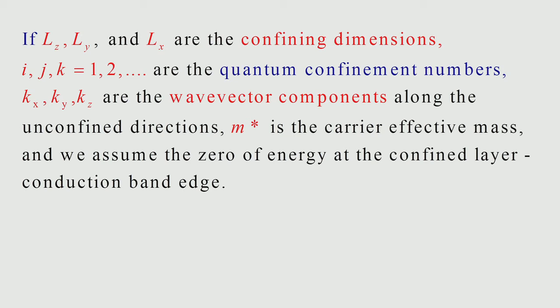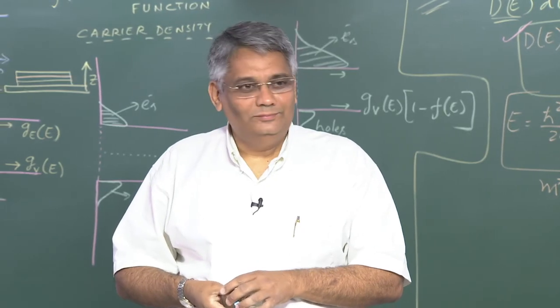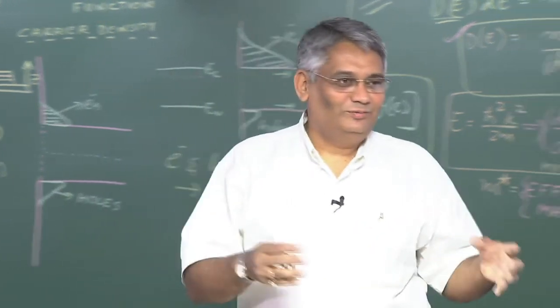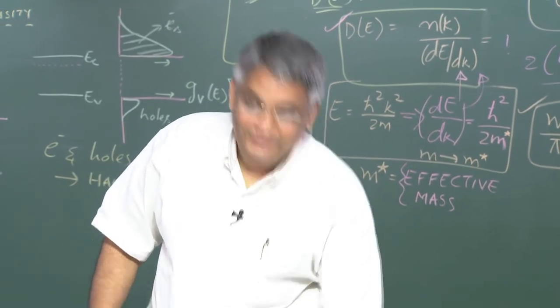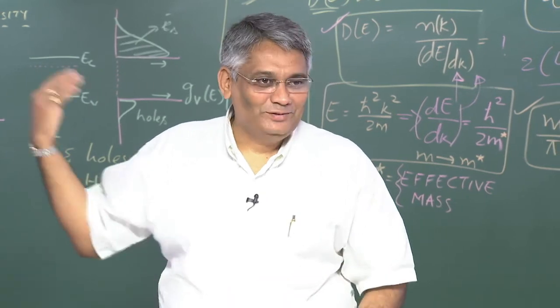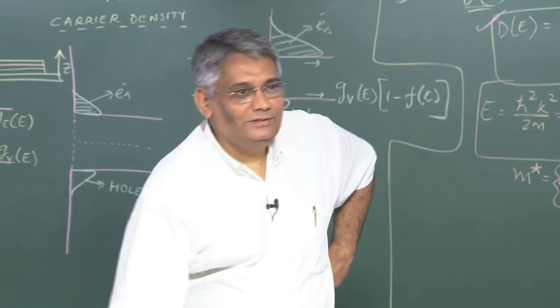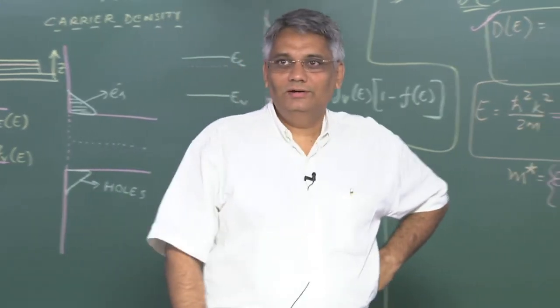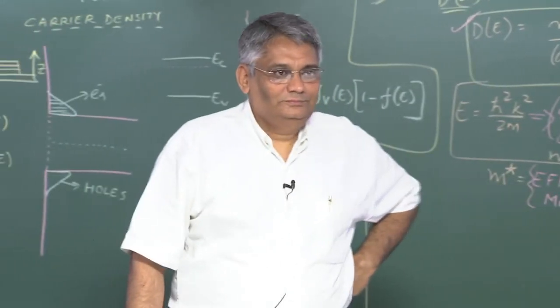Now, how do we represent the energy equation for all the three systems? If we do that, we have completed the story on density of states of 3D, 2D, 1D, and 0-dimension systems. And then of course you can do lots of problems related to this formalism. Okay, so write the allowed energy states of the confined electron in a quantum well. So how do you write that?